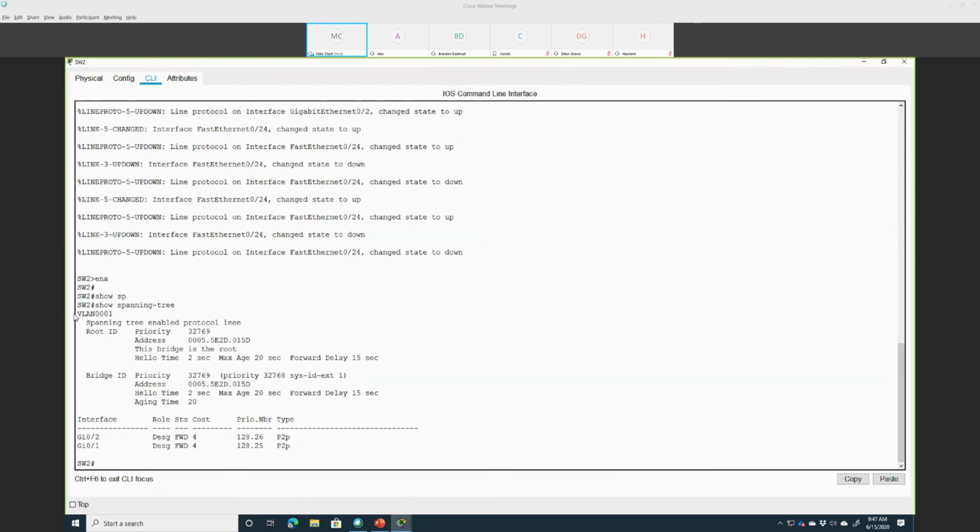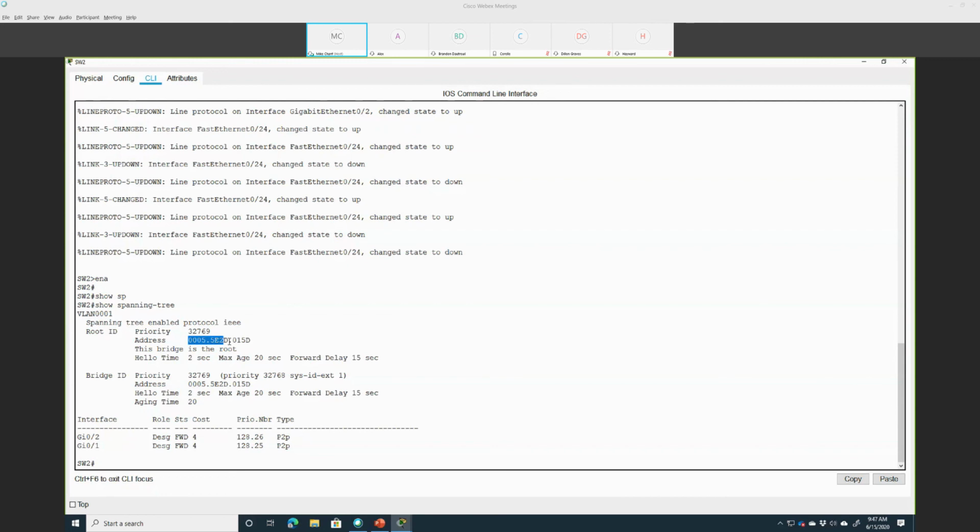First of all, you need to start with VLAN because the root bridge is based on VLAN. So VLAN 0001, the root ID has a priority 32769. Now the default is 32768. Why do we have 69? Because we added the VLAN ID to it. The VLAN ID is VLAN 1. That's why we added the 1. It became 32769. And also the root ID has this MAC address.